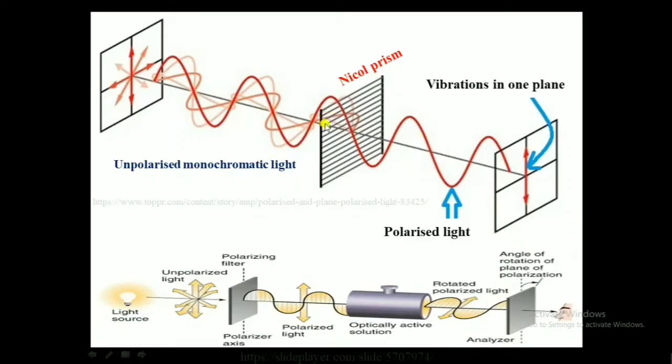All other waves are blocked by this prism. This light is called plane polarized light.